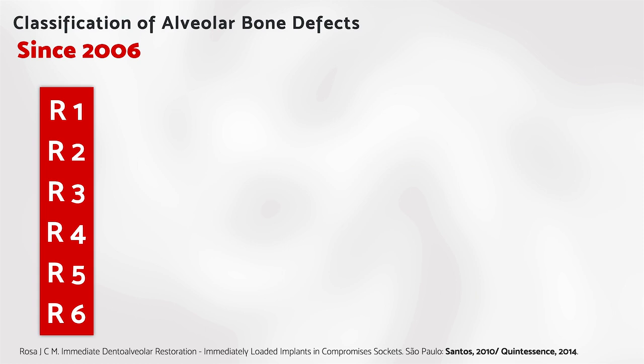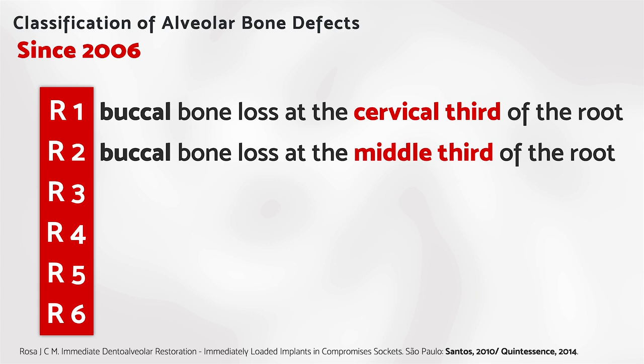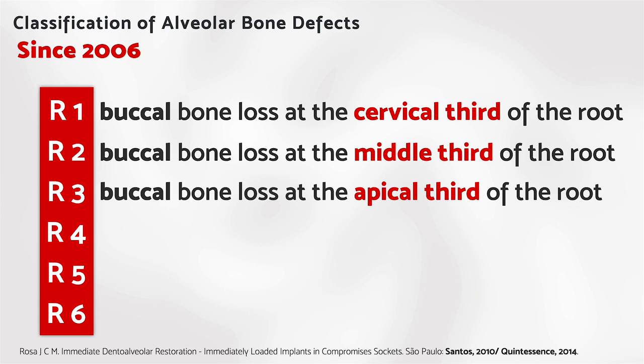So since 2006, we've been working with this classification. The bone defects were classified from R1 to R6. R1, when we have the buccal bone loss at the cervical third of the root. R2, the buccal bone loss at the middle third of the root. R3, the buccal bone loss at the apical third of the root.